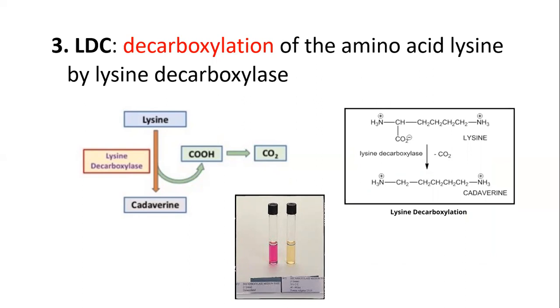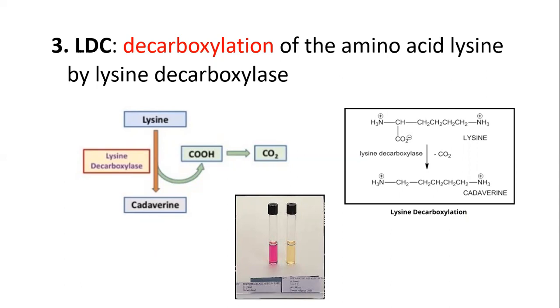So first, the media will be converted into yellow color because of the fermentation, because of the production of acid. And when acid is produced, an acidic environment is created. Then it will activate the decarboxylase enzyme, and that decarboxylase will perform its function and give its product. Okay, so these are the chemical reactions and the positive and negative results.